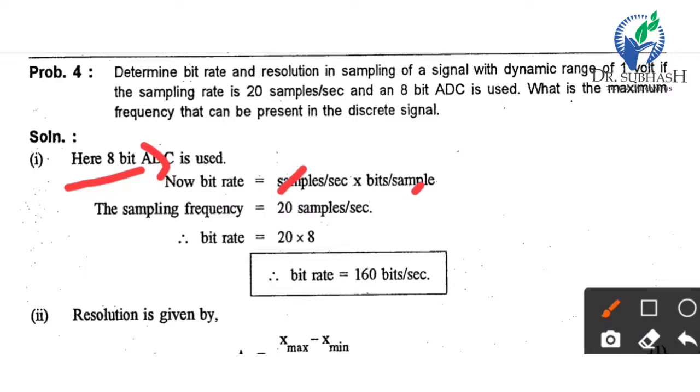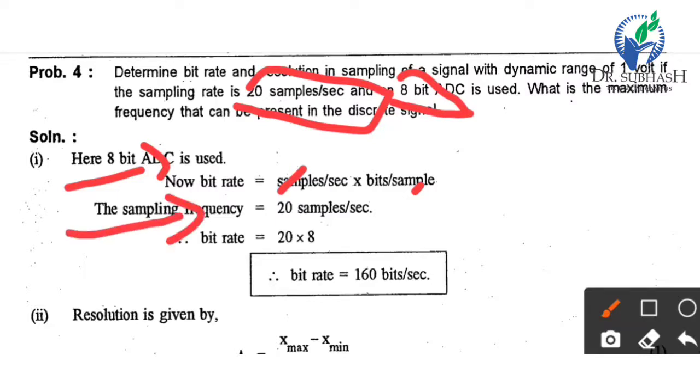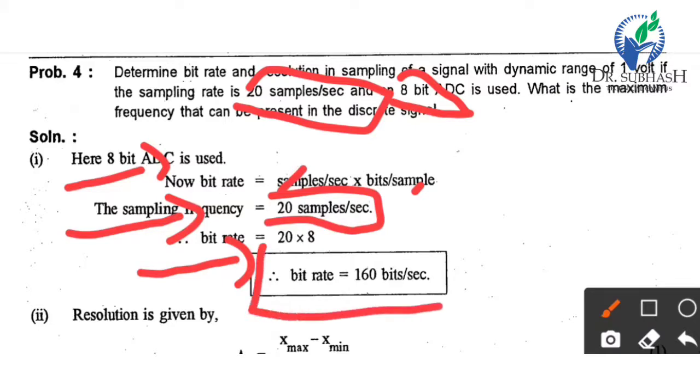Here already given 20 samples per second and bits per sample is 8 bit. So bit rate equals 20 multiplied by 8, that is 160 bits per second.